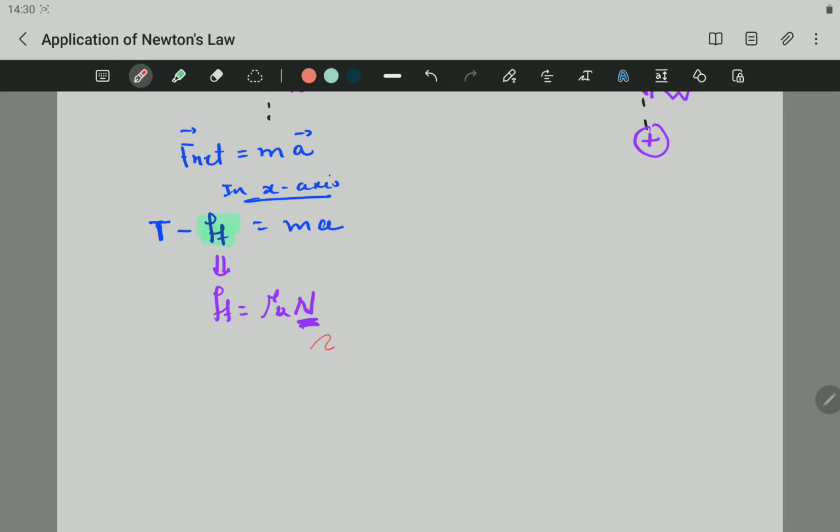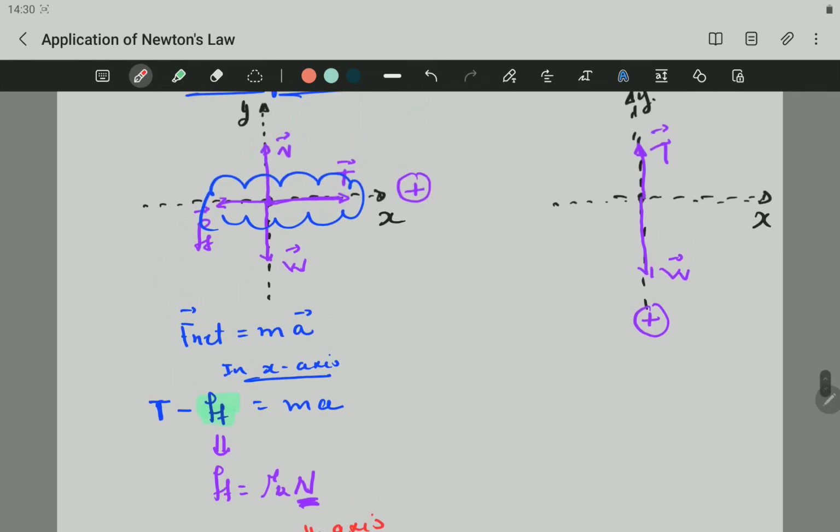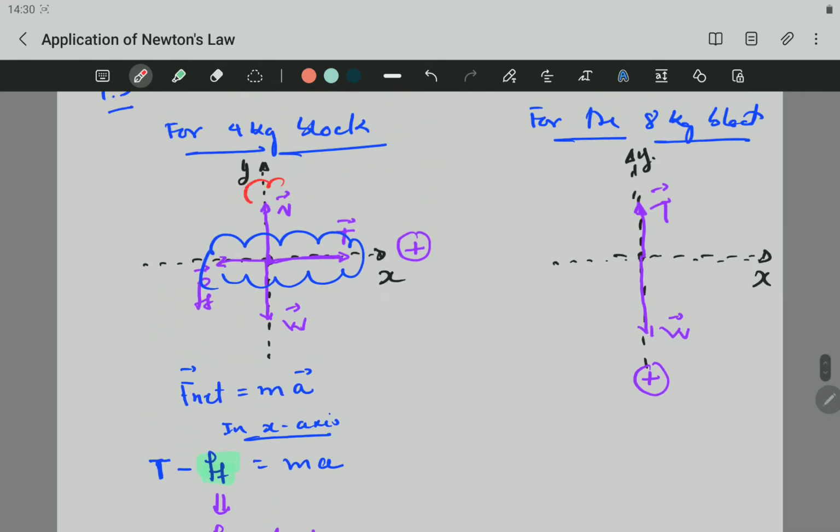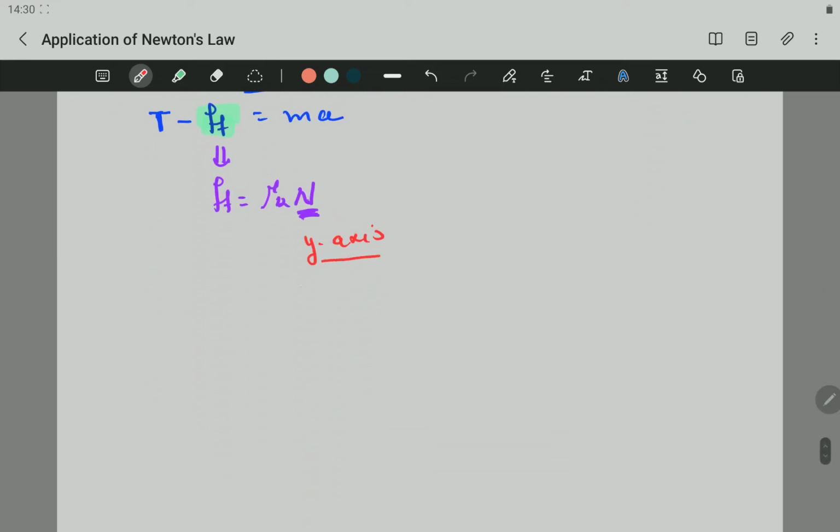We are going to go to the y-axis, because the normal force is on the y-axis. This object is at equilibrium on the y-axis, so you can apply Newton's first law, which is F net is equal to 0. What forces do I have in there? Normal minus W, or weight, is equal to 0.